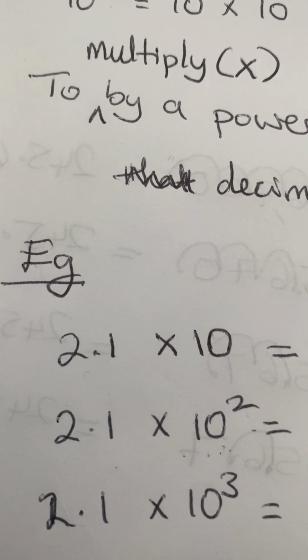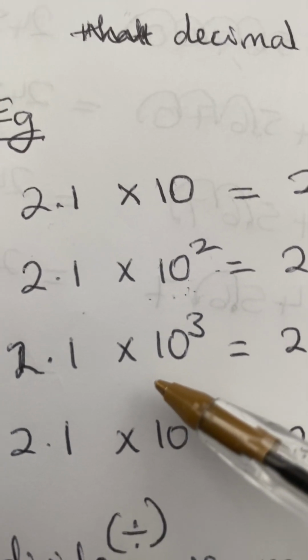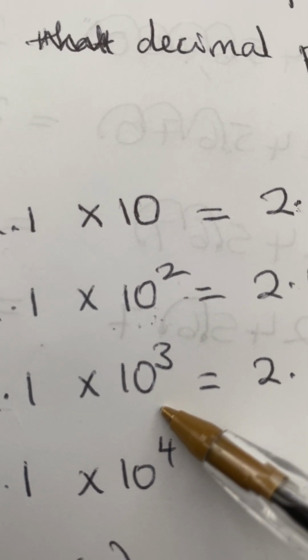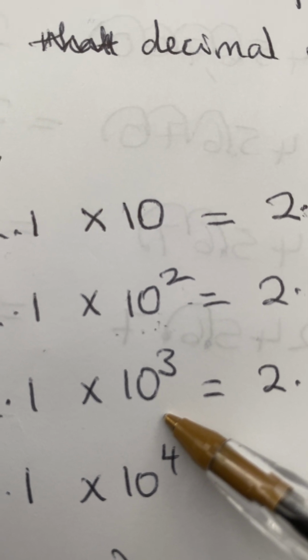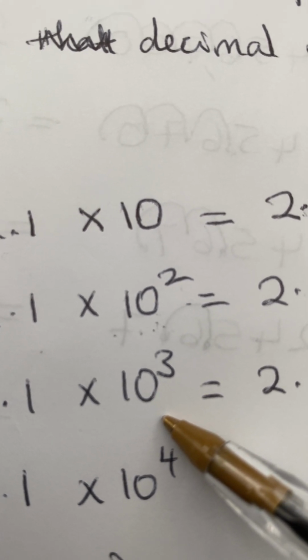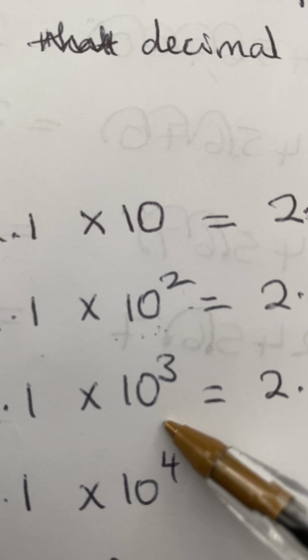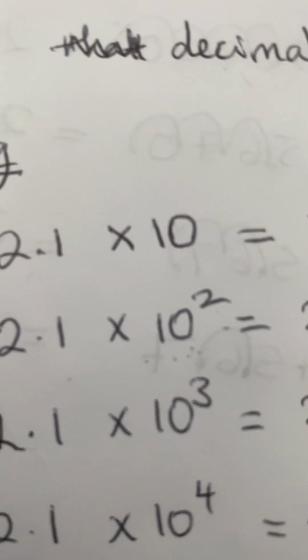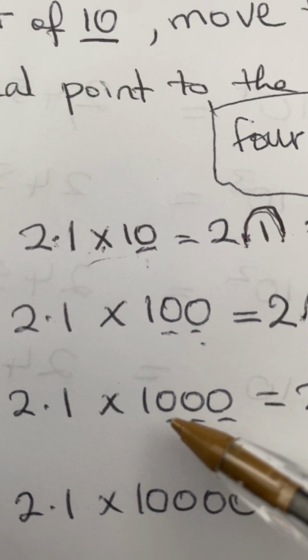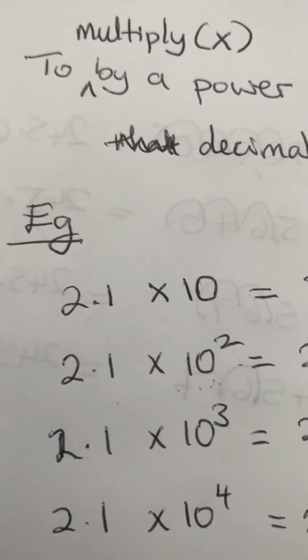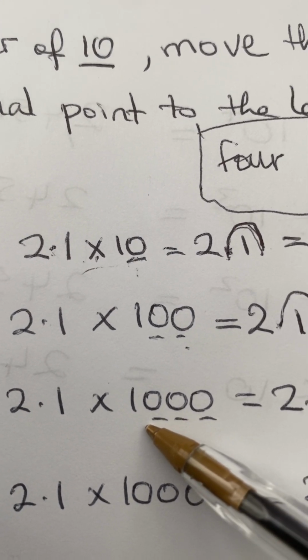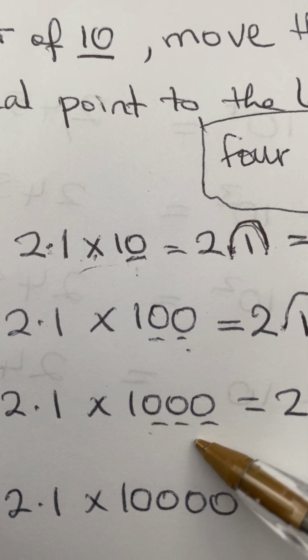Now 2.1 times 10 to the power 3. 10 to the power 3 here is 1,000, because 10 times 10 times 10, 3 zeros. So this is how it will look like. 10 to the power 3 becomes 1,000.